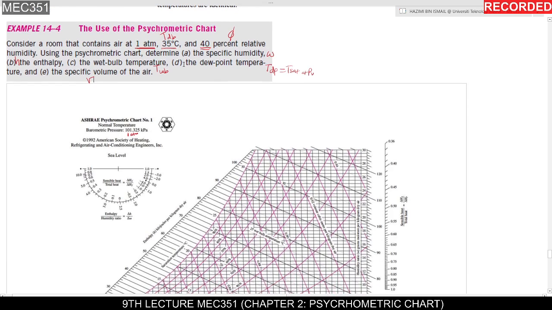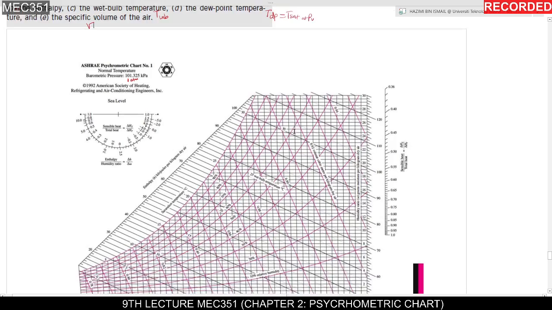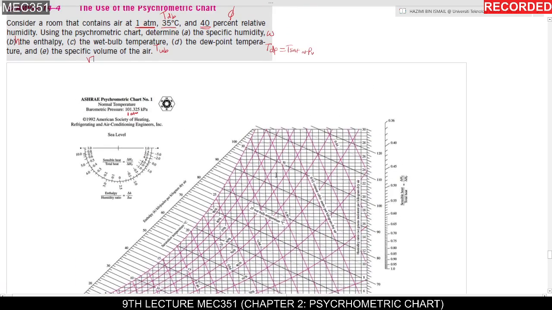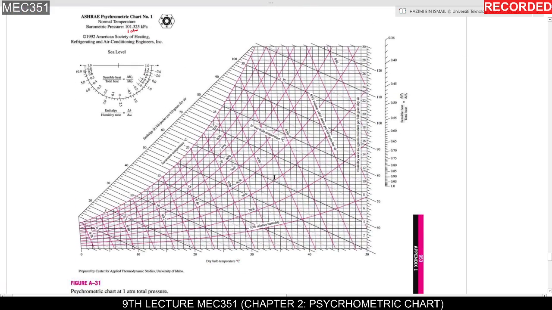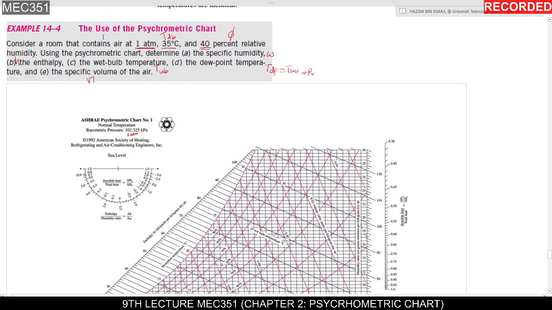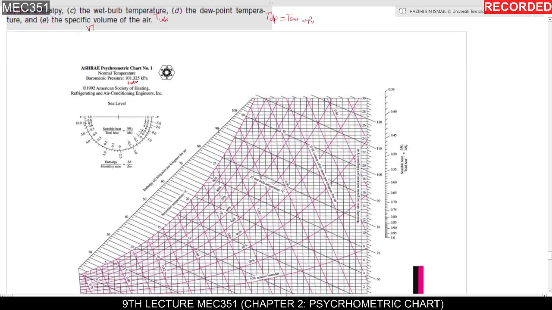Okay, now for any chart, you must have at least two property values. So for our example here, we already have the TDB, 35 degrees Celsius, and also phi, our relative humidity, which is 40%.